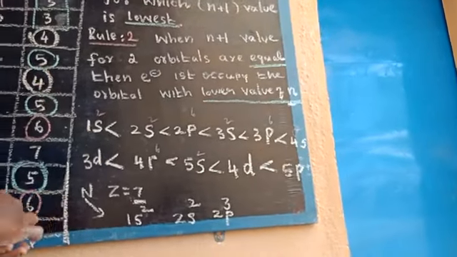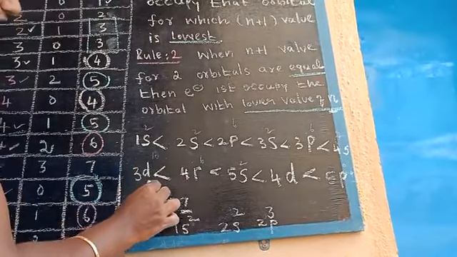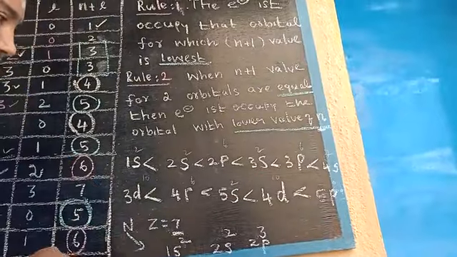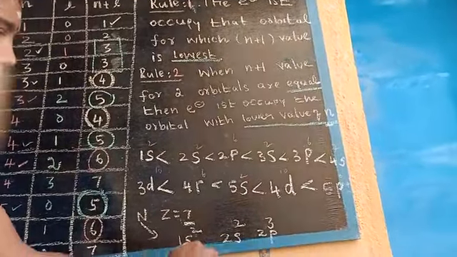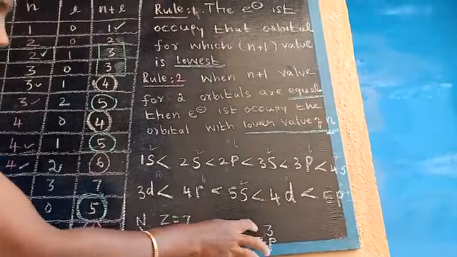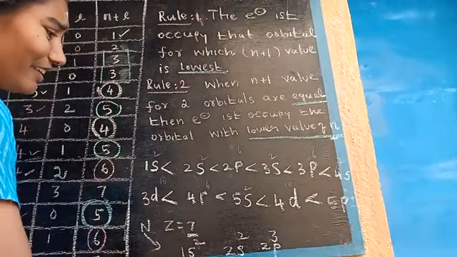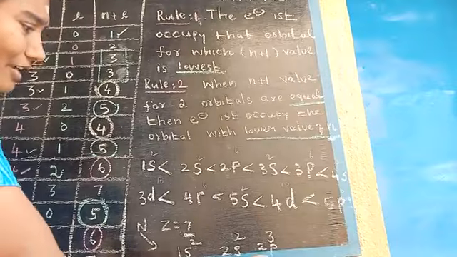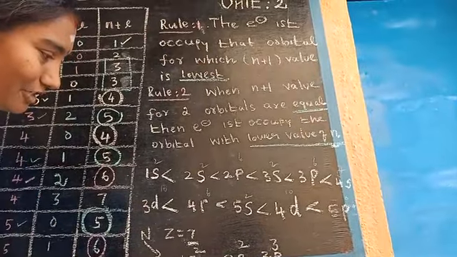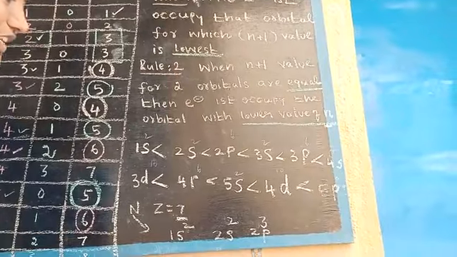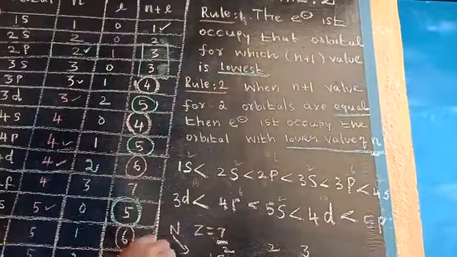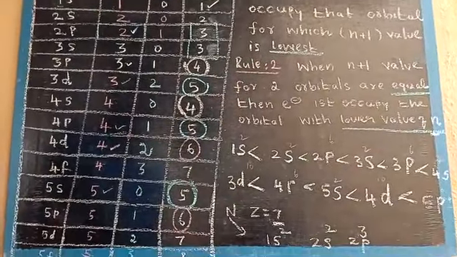D orbital, how many electrons is it possible? 10 electrons it is possible, but depending upon the place, we need to fill only as many as required. Can you understand, children? In p orbital 6 electrons it is possible, but in nitrogen we need only 3 electrons. So we write the 3 electrons only. So this is the way to write the electronic configuration.